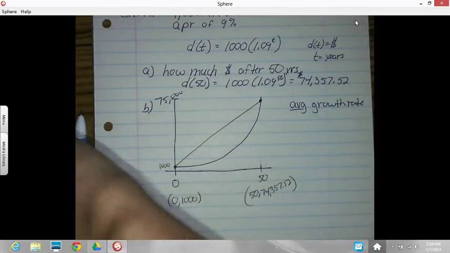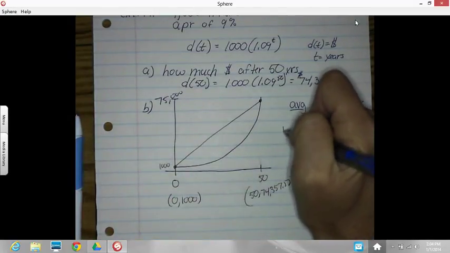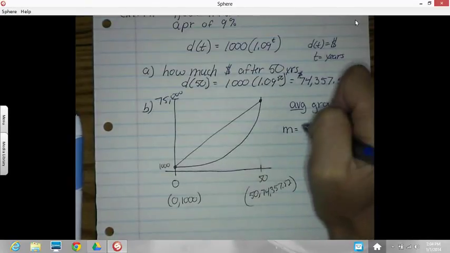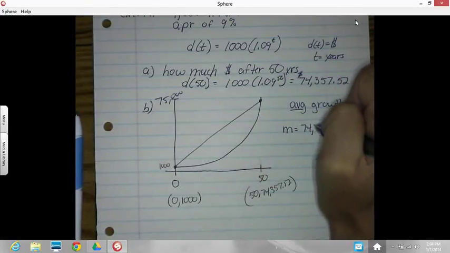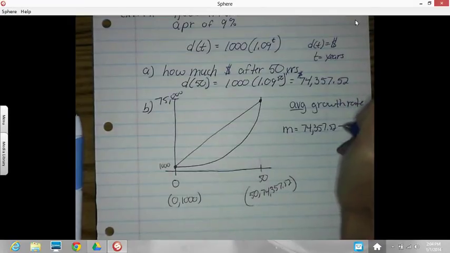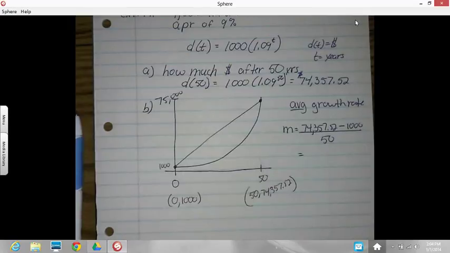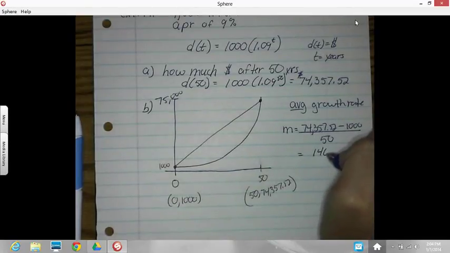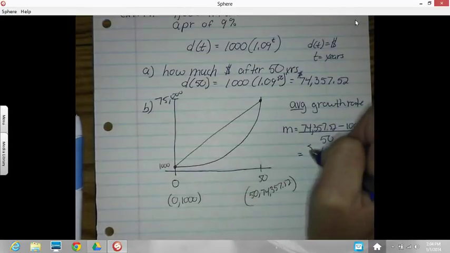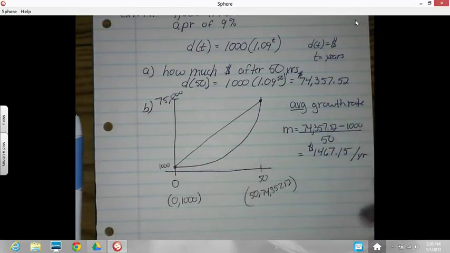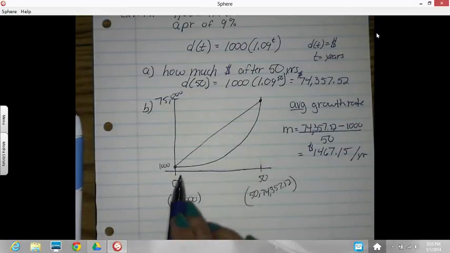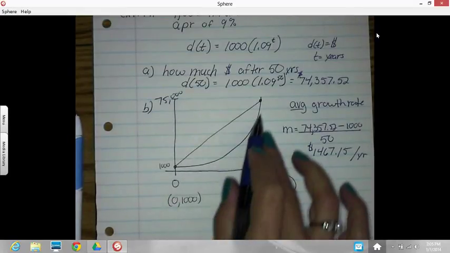So to turn that into a rate, the slope, change in y, 74,357.52 minus the 1,000, divided by 50, and you get $1,467.15 per year. That's if it grew the same amount each year, but it does not. It grows a little here, then it starts at the end climbing exponentially.